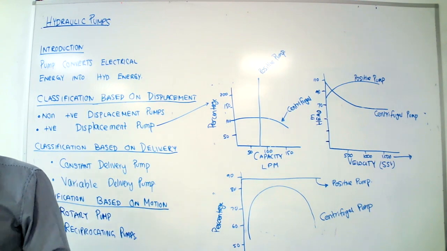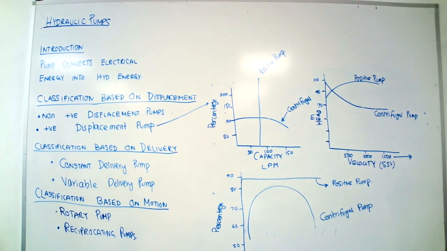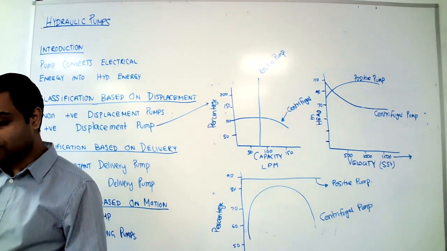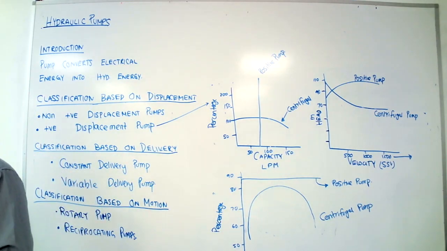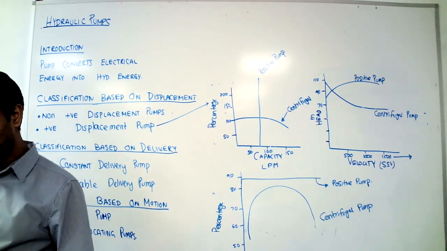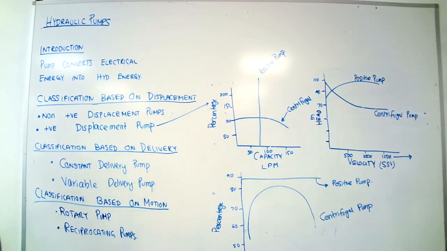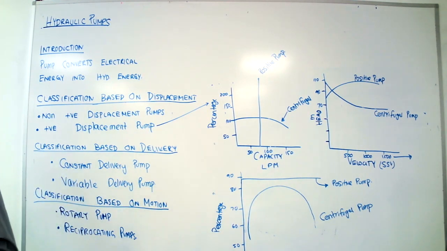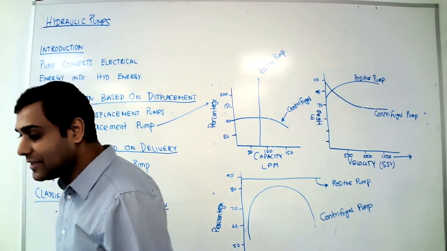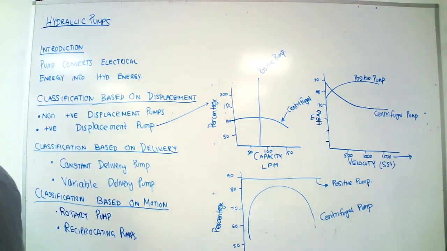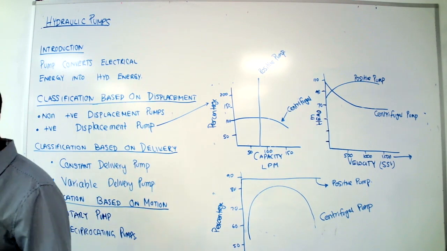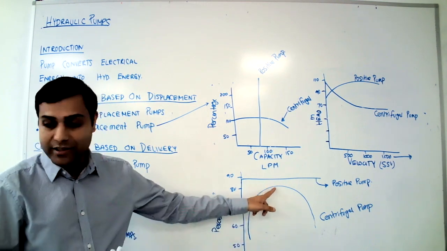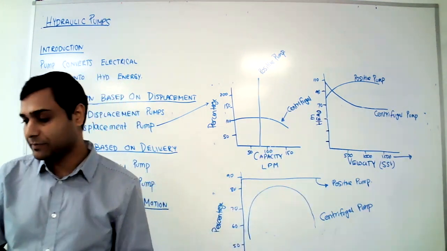So if we talk about the positive displacement, the flow rate does not change with the head. The flow rate is not much affected by the viscosity of the fluid. And efficiency is almost constant with the head. If we talk about the non-positive, let's say centrifugal one, the flow rate decreases with the head, the flow rate decreases with the velocity, and the efficiency increases initially and then decreases.